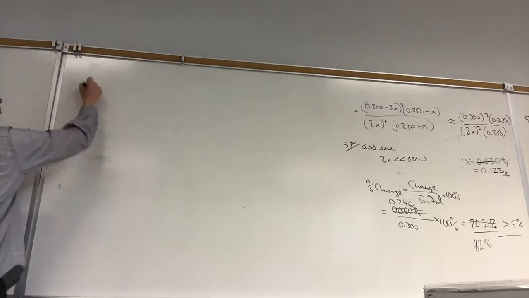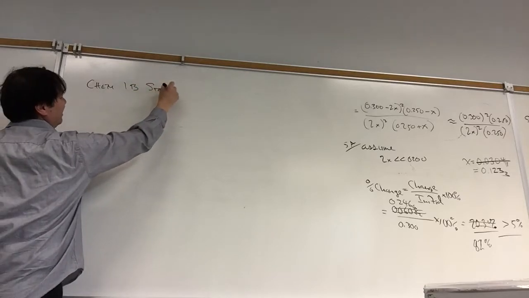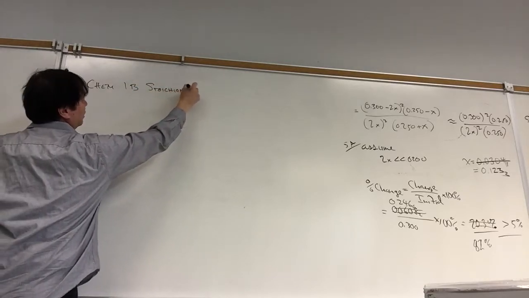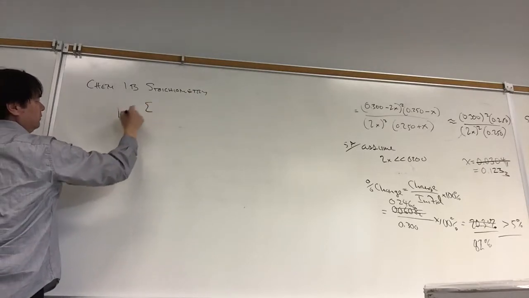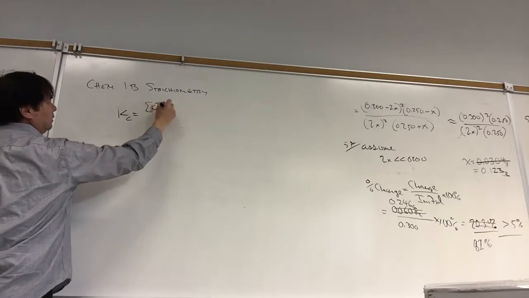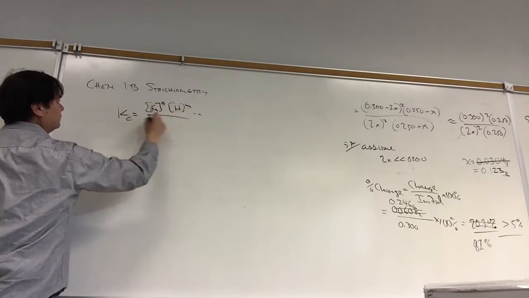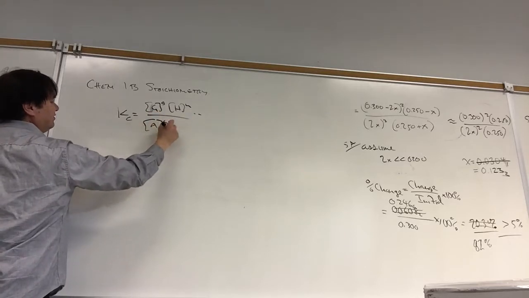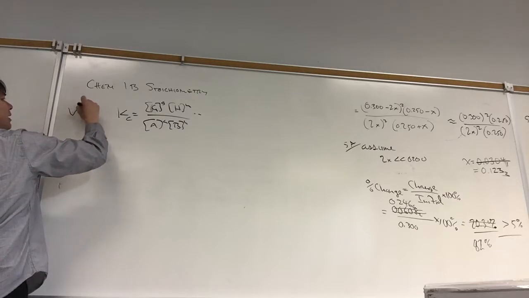All right, so for Chem 1B stoichiometry, you use this. This is Kc. K is the concentration of G, little g, H, right, etc. This is what we call a law.